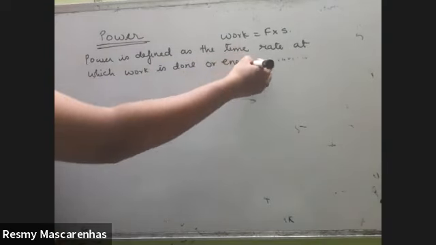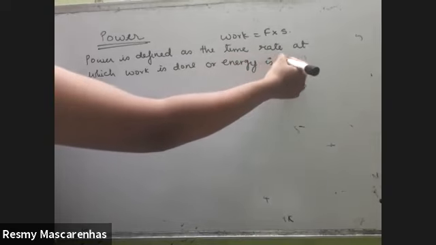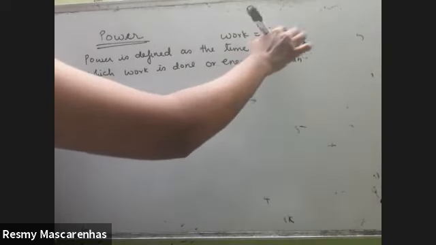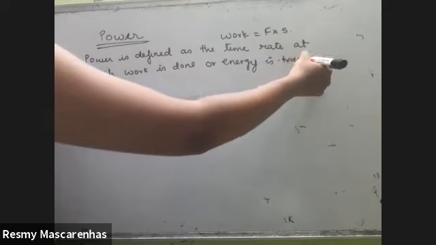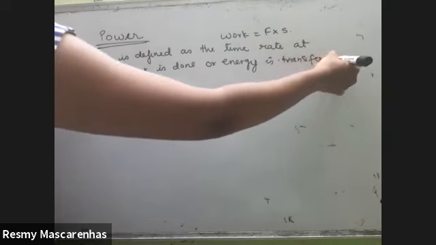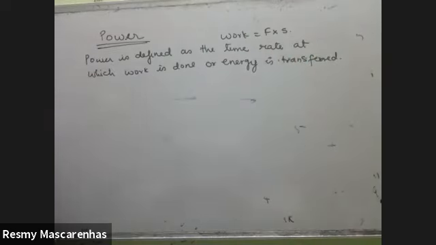It is just the capacity to do work. Units, formula, everything is same for energy also. So what is power? Power is defined as the time rate at which work is done or energy is transferred.